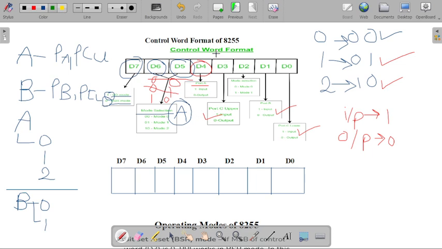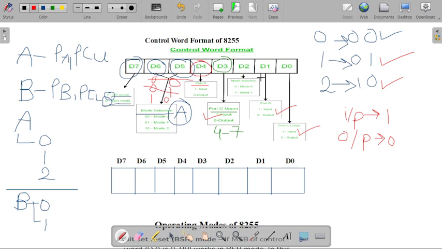Now we have completed our port A structure. The next bit, the D3 bit, is used for port C upper part, that is port 4 to port 7. So these 4 bits are added in our group A architecture and indicated by the D3 bit.